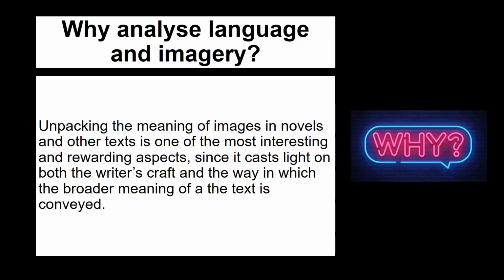Once again, we're trying to unpack these and find the reason why we need to study them. It's so you as the reader are able to explore the writer's craft and how they create a broader meaning to the text that they are writing. Remembering that a text isn't just written for enjoyment, but to have more than its symbolic meaning in itself.